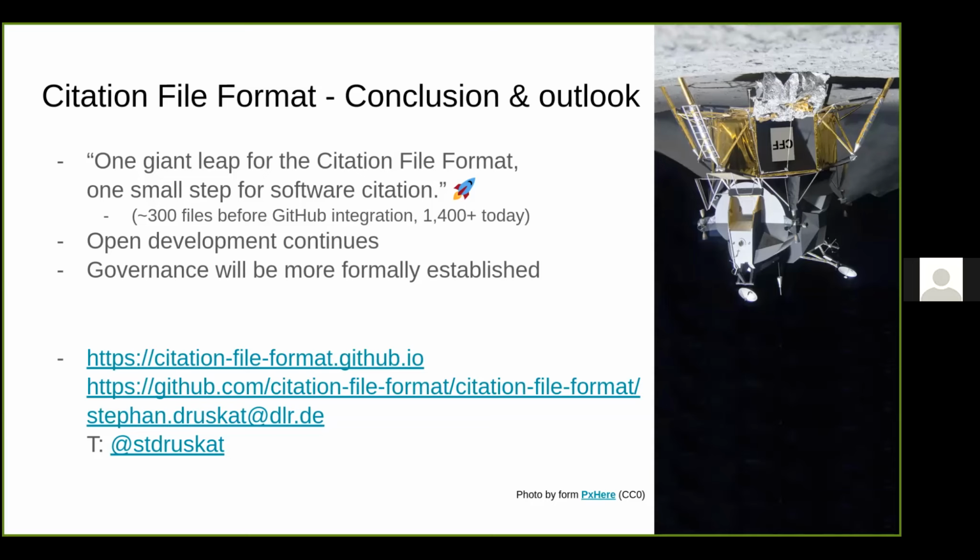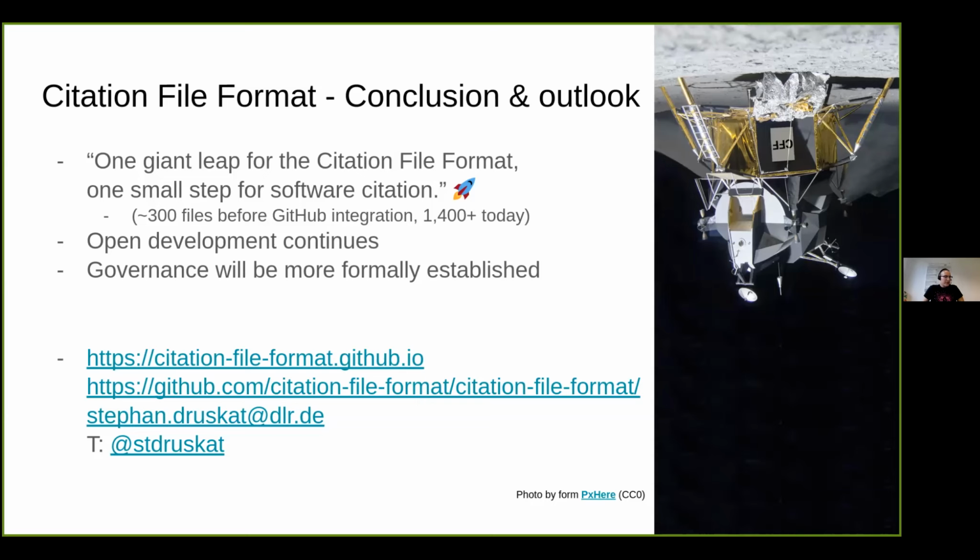I'm not sure if it's in the scope of the citation file format to describe that this experiment has been conducted with this software version and this dataset version, and that was the output dataset version. That would be really great if one could somehow describe it, but maybe that's more than a citation.